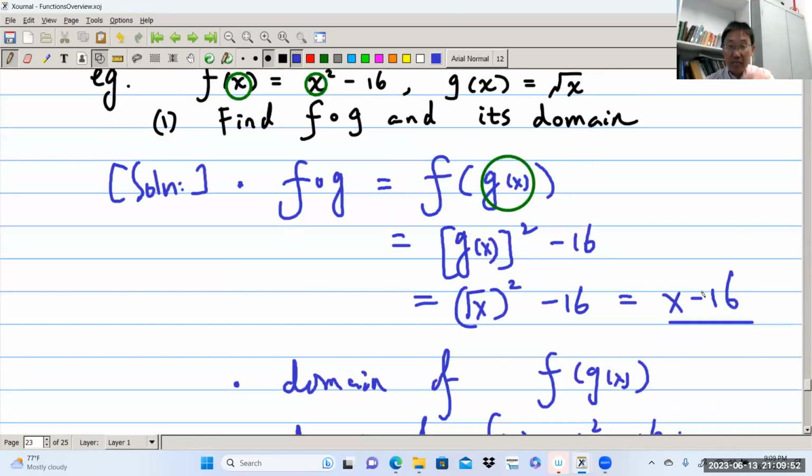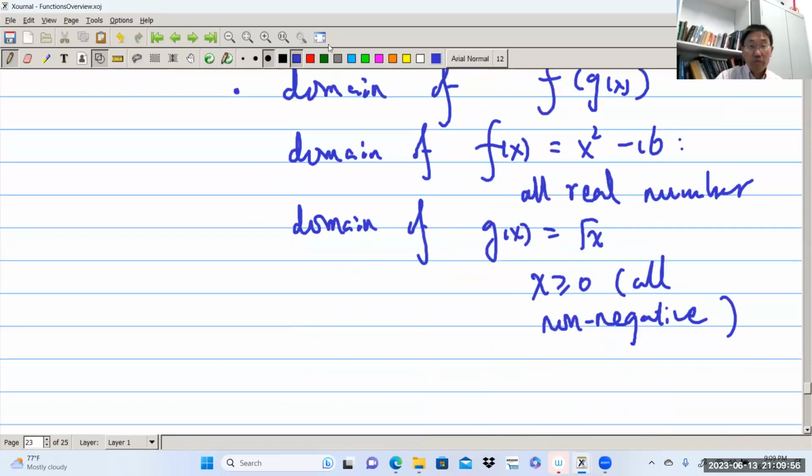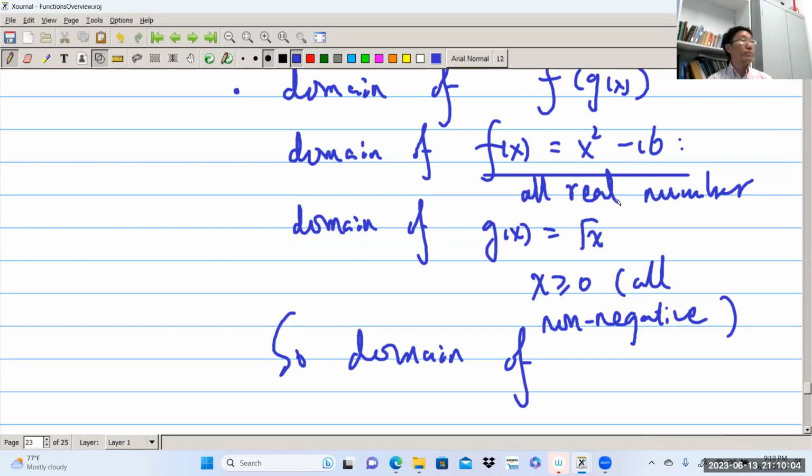But keep in mind, this x minus 16 comes from f of g. F is okay, f can accept any g, right? Because all real numbers. You just need to make sure g is happy. So the domain of f of g of x should be all non-negative numbers.